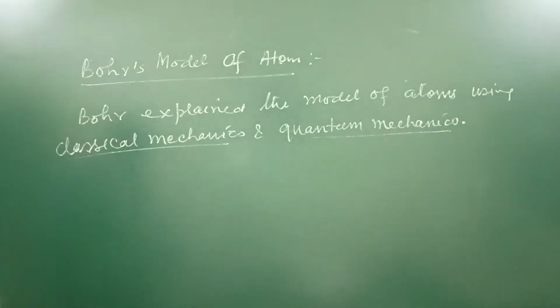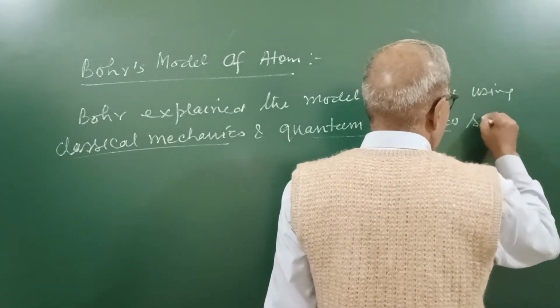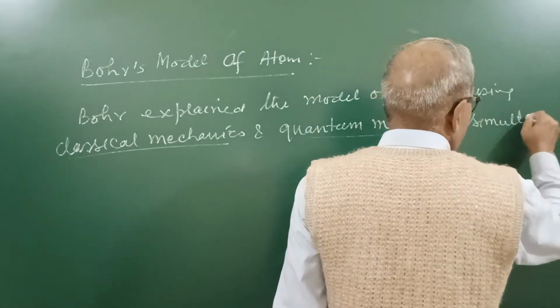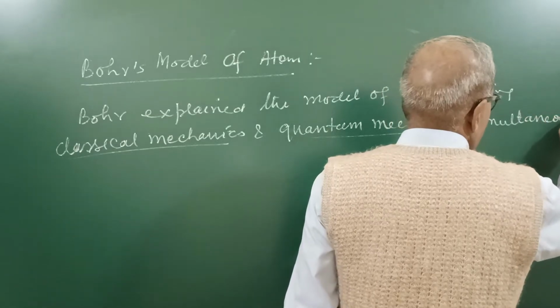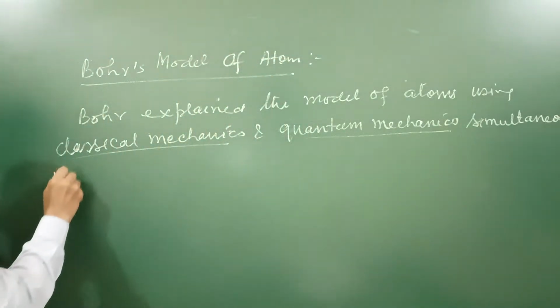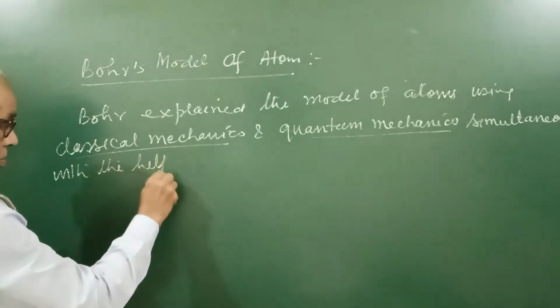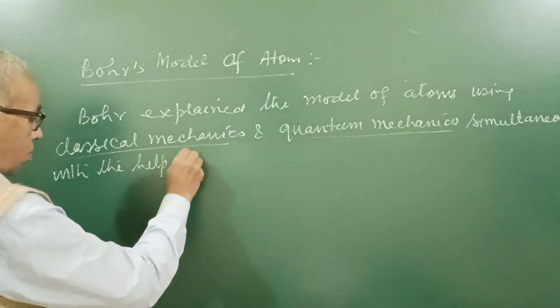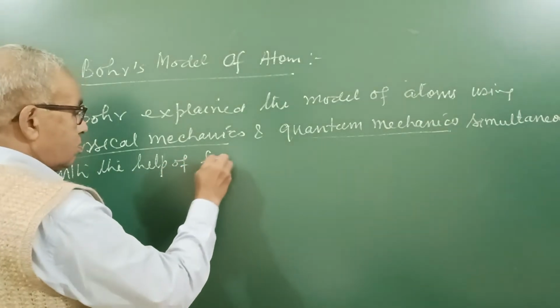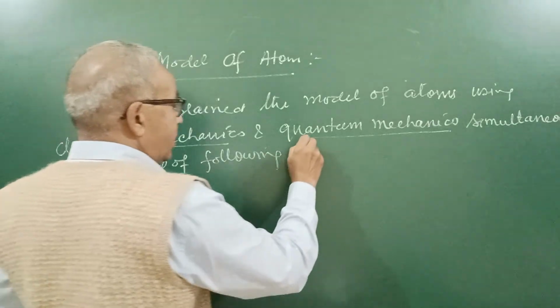So Bohr explained the model of atoms using classical mechanics and quantum mechanics simultaneously, with the help of following postulates.